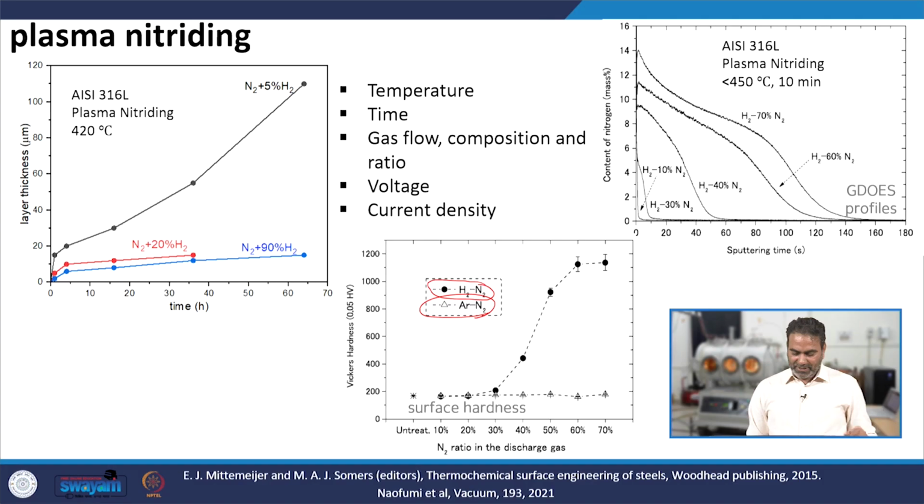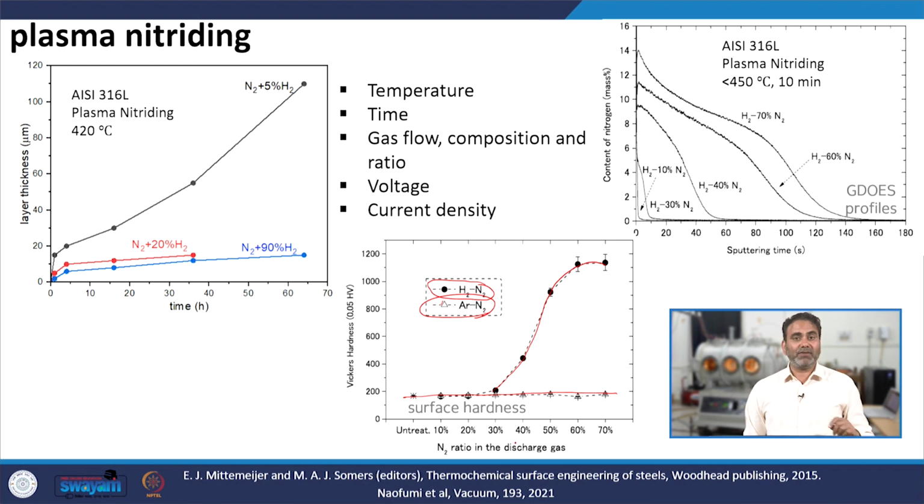So, what people have seen is that when I have only nitrogen and argon, these triangle symbols, no nitriding is happening, because hardness is not changing, it remains as it was before. But when you look at the H2N2 mixture, that means a nitrogen and hydrogen mixture, you see that after some percentage of nitrogen, hardness starts increasing.